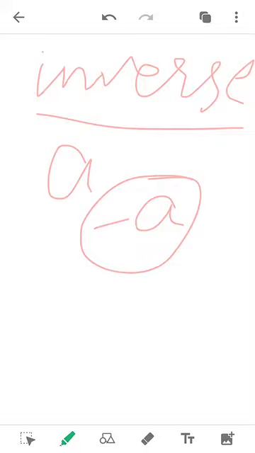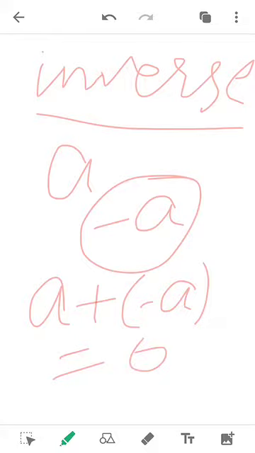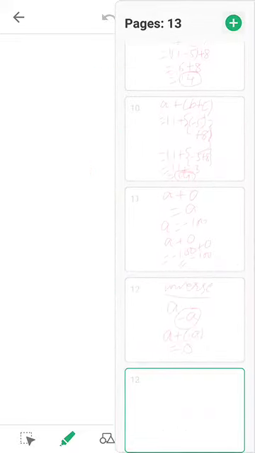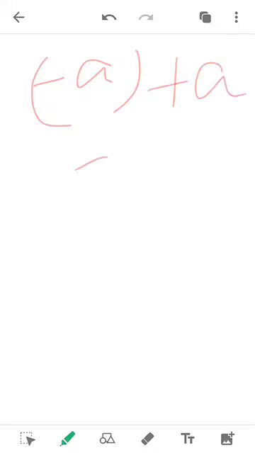If we add both the integer a and its opposite integer minus a, we will get 0 always. A plus minus a is equal to 0, or minus a plus a is also 0.